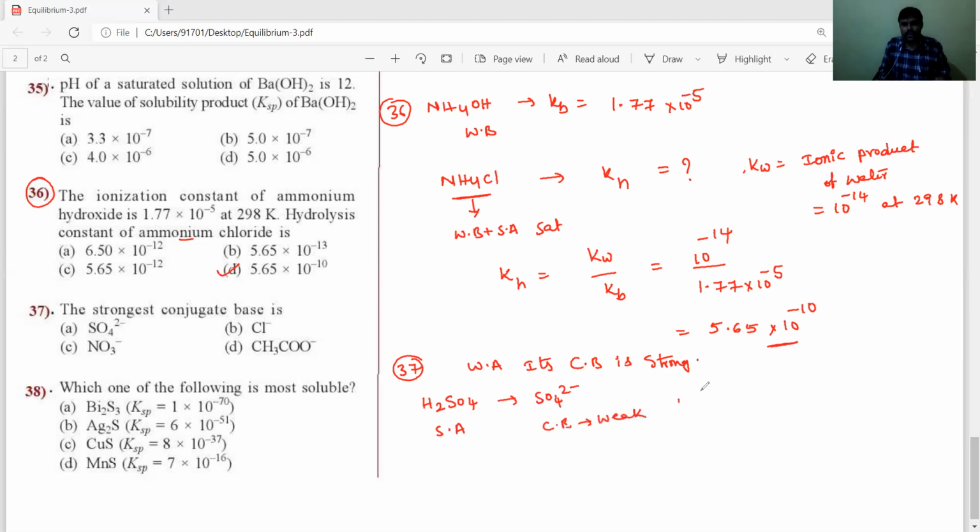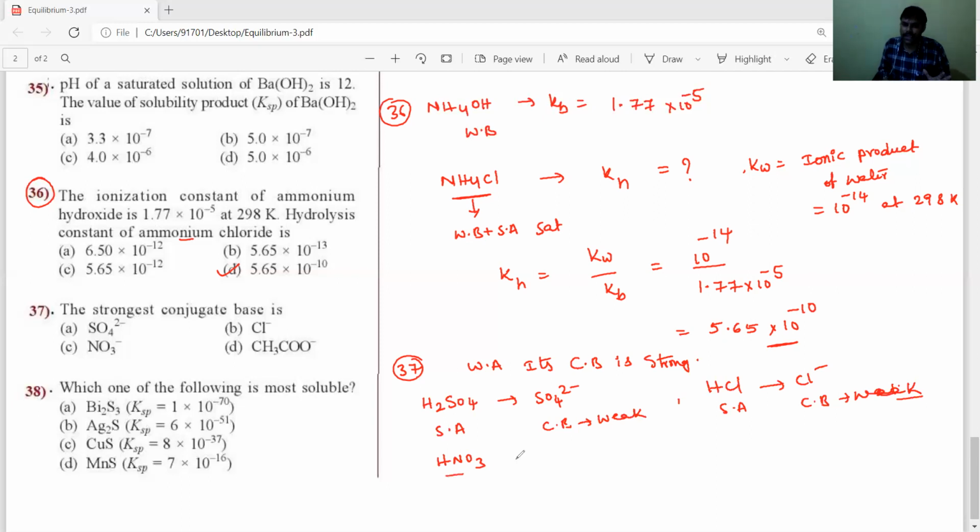In the same way, HCl, hydrochloric acid, is a strong acid. Its corresponding conjugate base is weak. In the same way, HNO3, we have to remember the conjugate acid-base concept. What is the meaning of a conjugate acid-base pair, students? An acid and base differing by one proton is known as a conjugate acid-base pair.